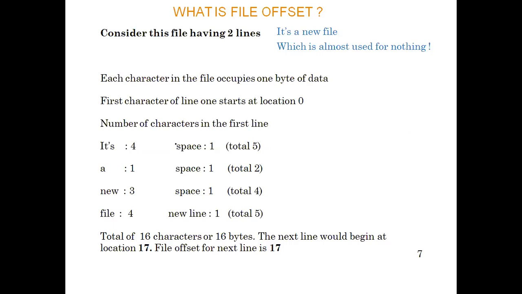Suppose we have a two-line file. The first line is "it's a new file". Here "it's" is 4 characters and 1 for the space, so total 5. Then "a" is 1 character plus a space, total 2.